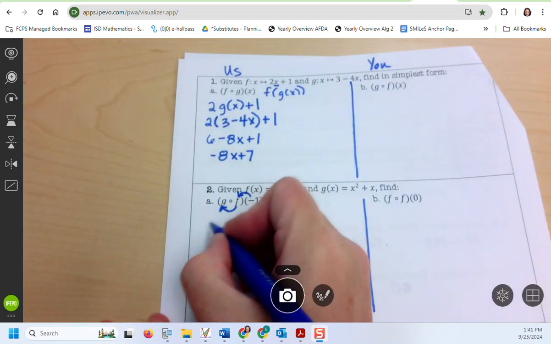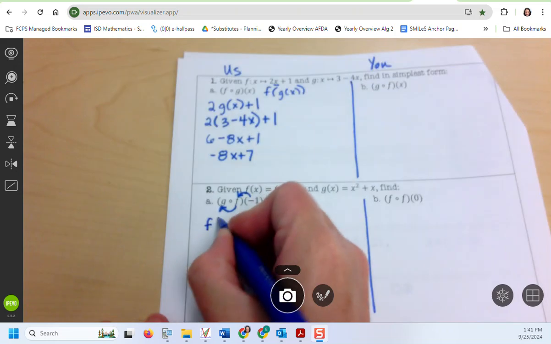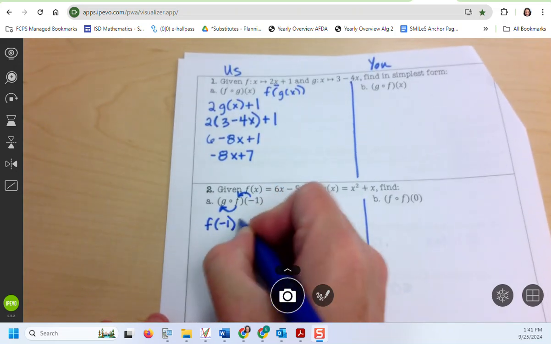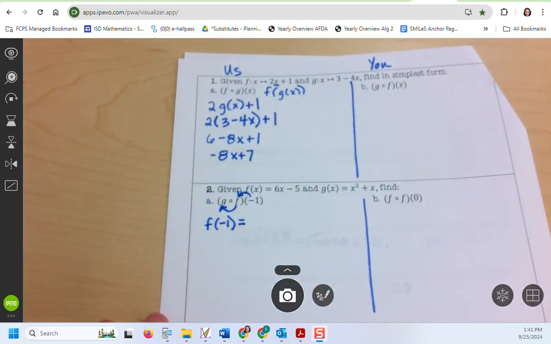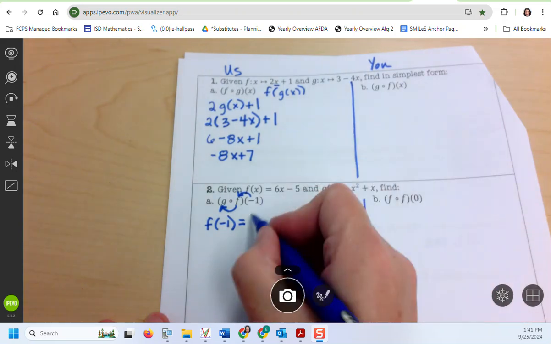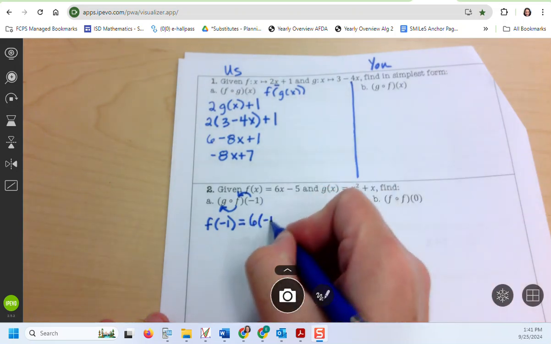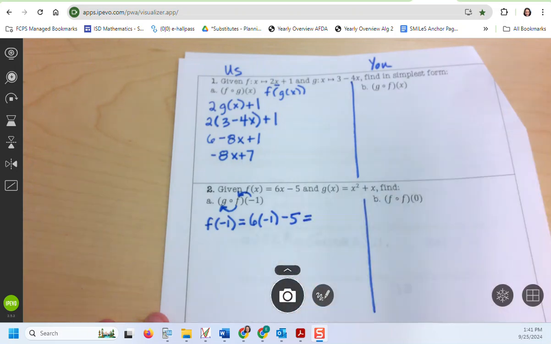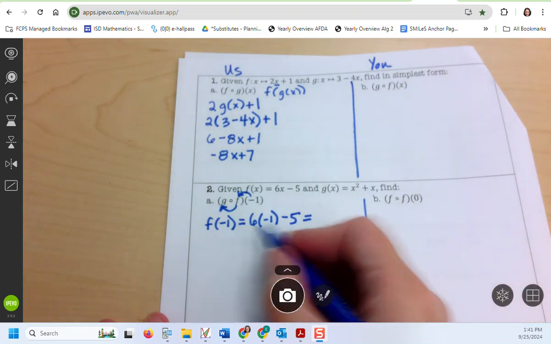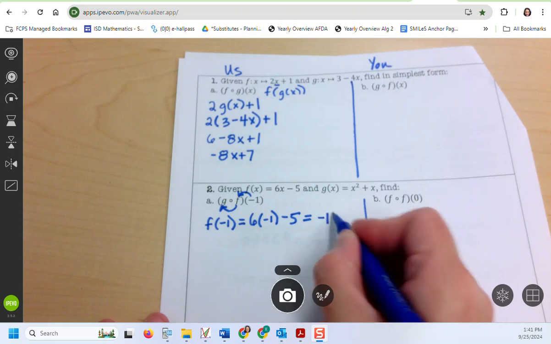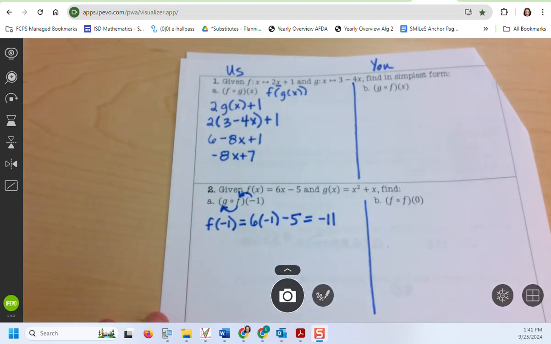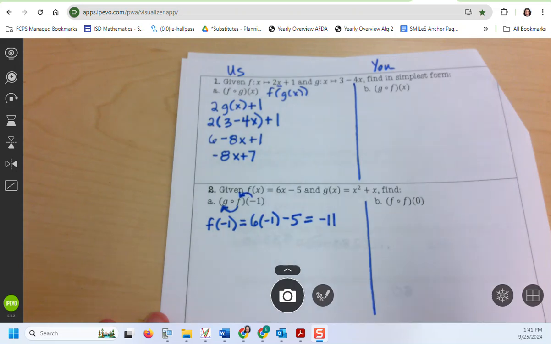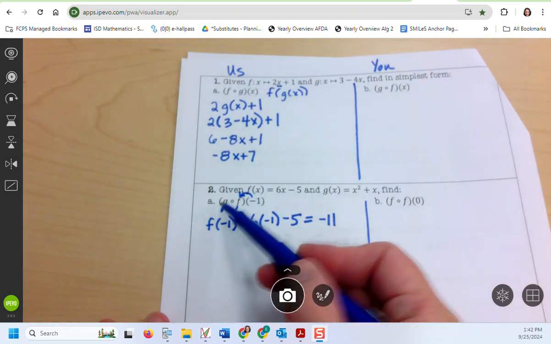So first I'm going to do f of negative 1. So I put negative 1 into f, and I'm going to get negative 11. Then I take that answer, and it goes into g.